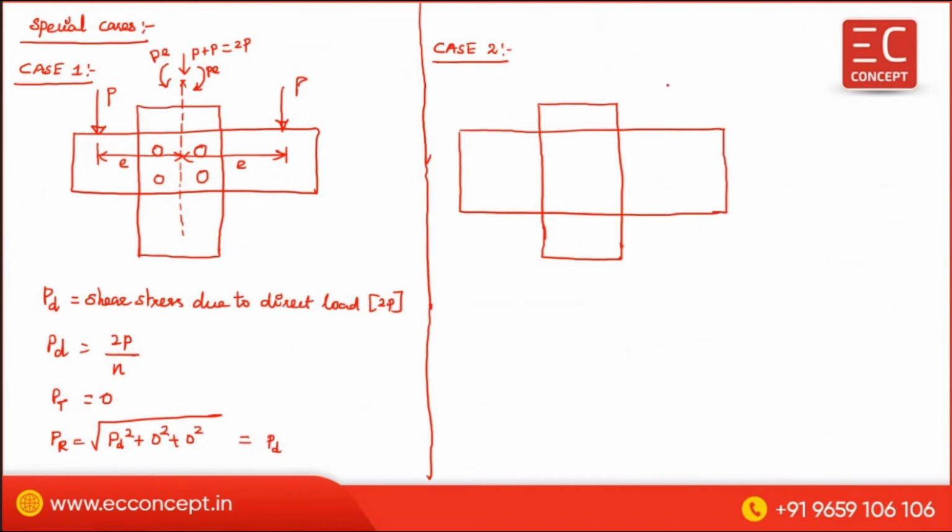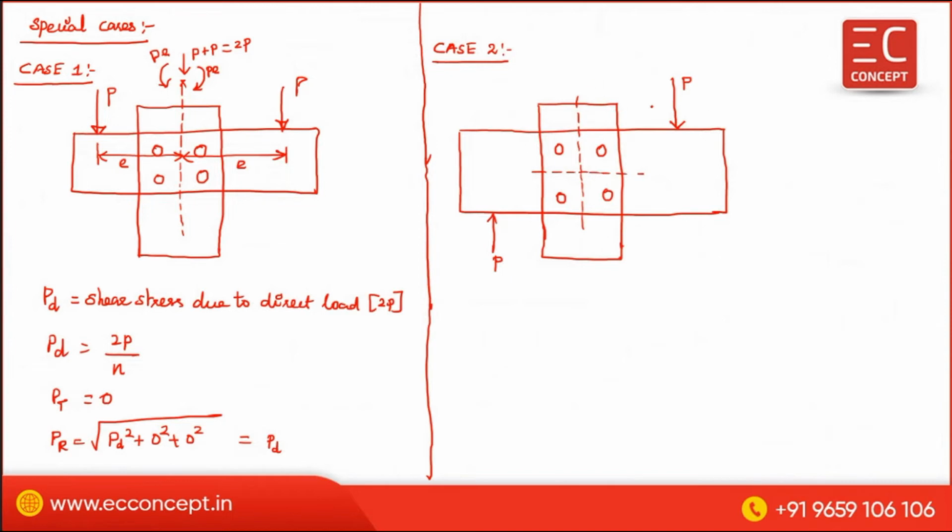Here there is a load P, and here there is a load P. Bolt 1, bolt 2, bolt 3, bolt 4. So this is the centroid of the bolt group.